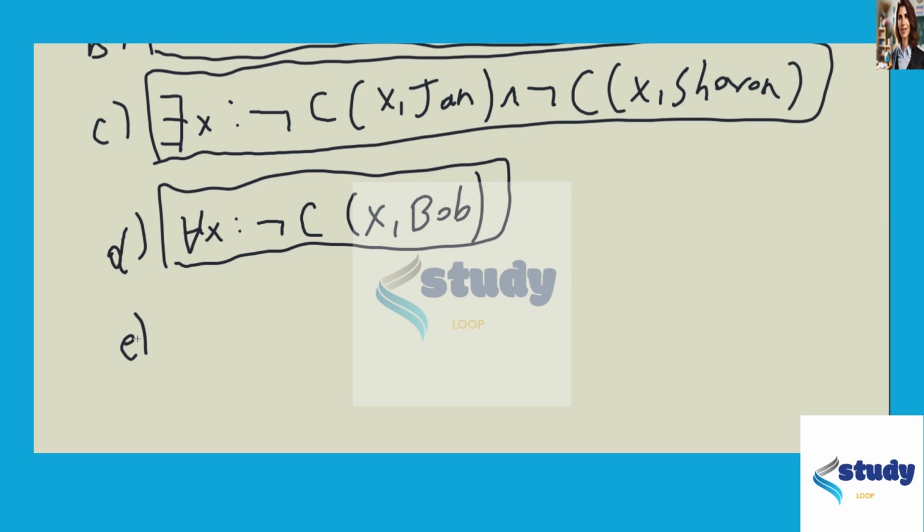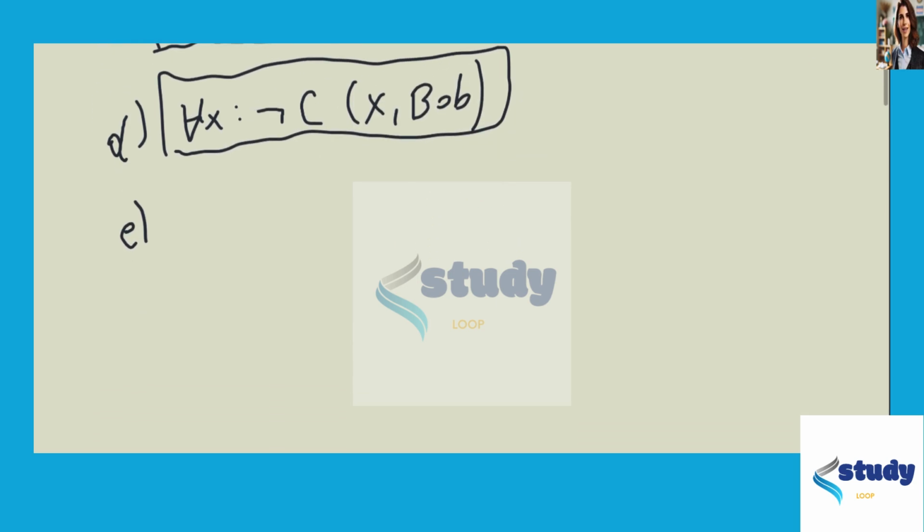Going on now to part E. So here we have the statement Sanjay has chatted with everyone except Joseph. So Sanjay has not chatted with Joseph. So therefore we have the negation here of C of Sanjay and Joseph, and the statement that Sanjay has chatted with everyone.